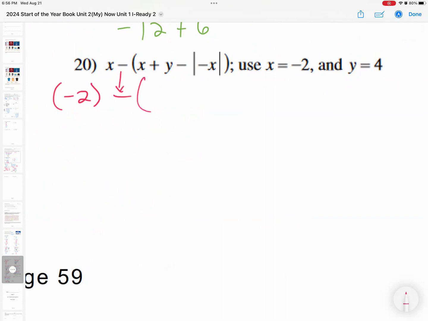In a parentheses, we have x, which is -2 in its own parenthesis, plus y in its own parenthesis is 4, minus absolute value of negative, coming from here, and then x just so happens to be a negative value 2. Close the absolute value, close the parentheses. So again, first step, just dumping the numbers in, keep everything else around there just as it is.